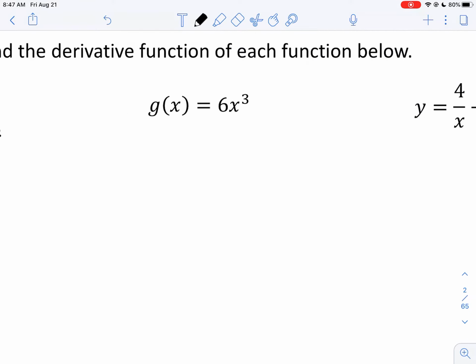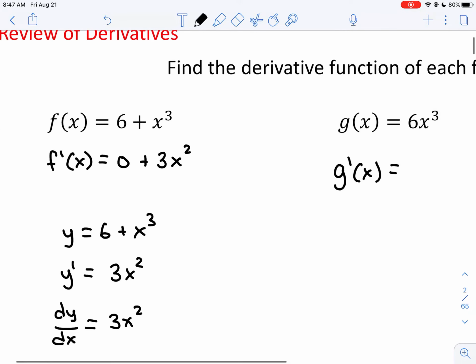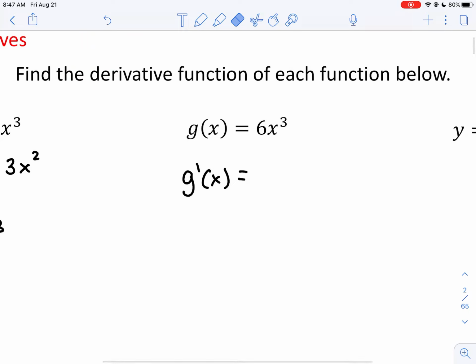Next example, this illustrates the constant times function idea. So g prime of x will be equal to, the 6 is going to stay this time. Unlike in this case here where the 6, because it was isolated, it was 6 plus, the 6 went away. It became 0 when you differentiated. But in this case, it's 6 times x cubed.